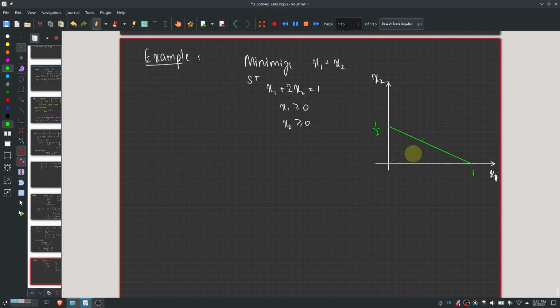It would actually be equal to half, right? So if it's that difficult, just substitute x1 equal to 1 minus 2x2 and plug it back here.